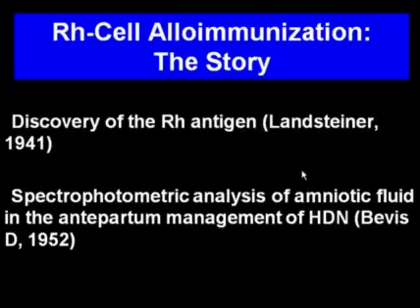In 1941, Landsteiner discovered the Rh antigen. It was approximately 10 years later that Bevis reported that spectrophotometric analysis of the amniotic fluid could be useful in the antepartum management of hemolytic disease of the neonate.